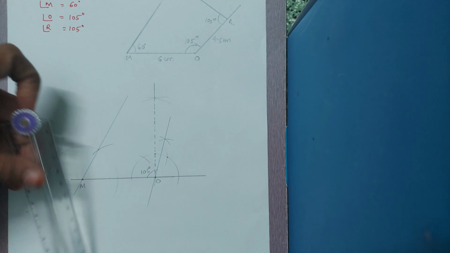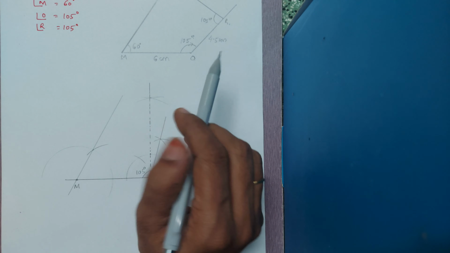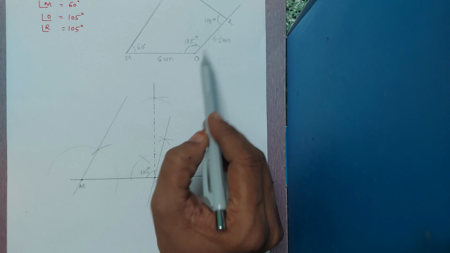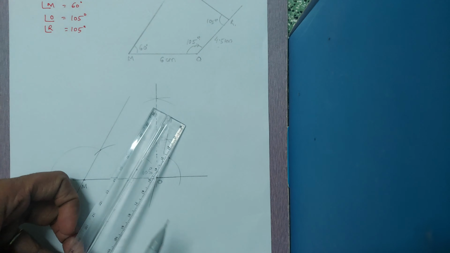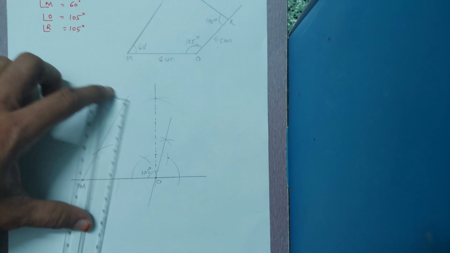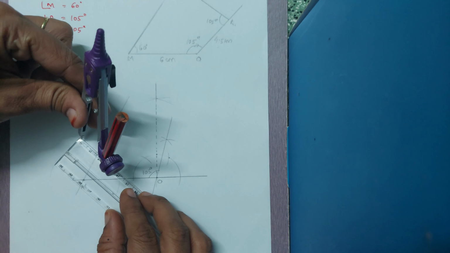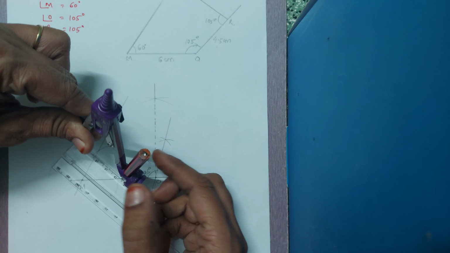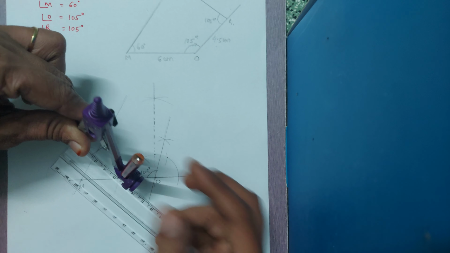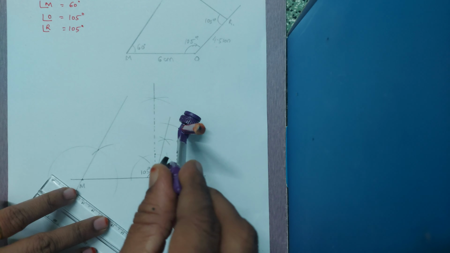Now we want OR. Where is R? R is here. What is OR? 4.5 centimeters. We should measure 4.5 centimeters from O and cut it.